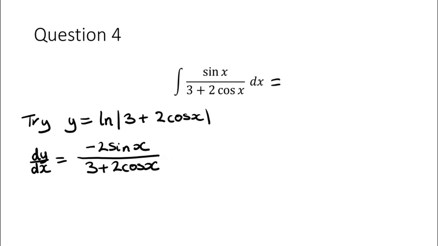So the answer is almost natural log of 3 plus 2 cos x plus c, of course. But if I were to differentiate that, I'd end up with a minus 2 on the top. So I don't want this minus 2. Therefore, I'm going to need to multiply this by negative a half. And if you were to differentiate this back, you'll get sine x over 3 plus 2 cos x.